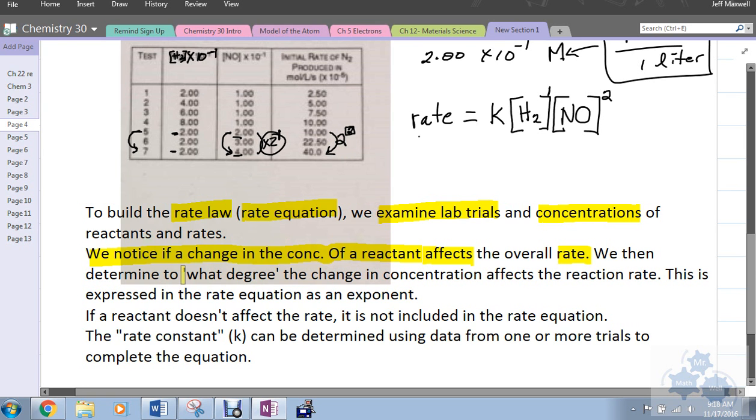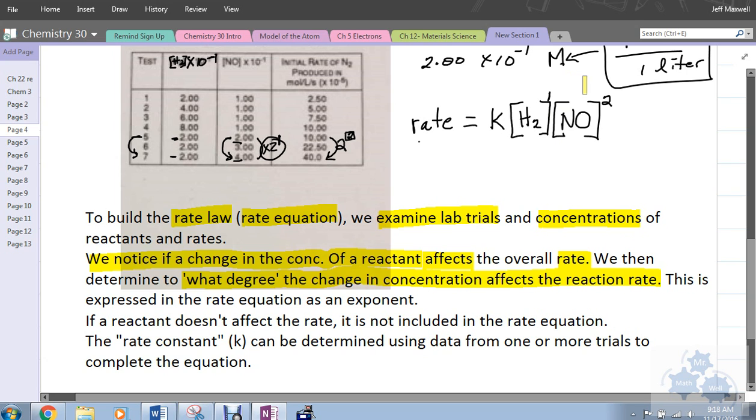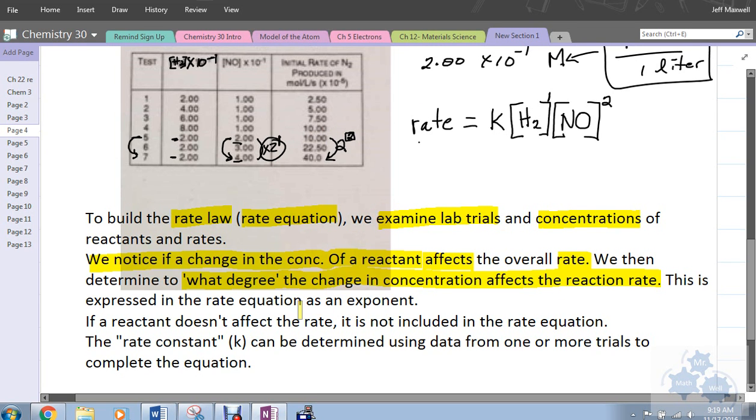We then determine to what degree the change in concentration affects the reaction rate. That's why times 2 and times 2 squared is how we're trying to connect the changes. And so we write this in the rate equation as an exponent.